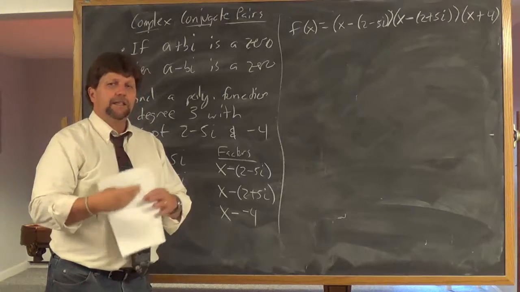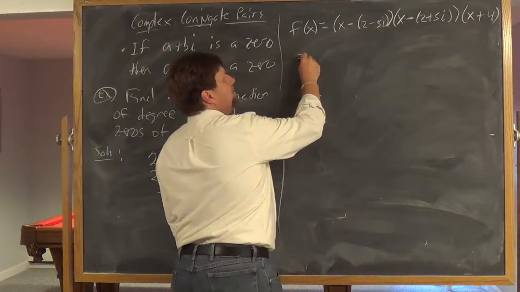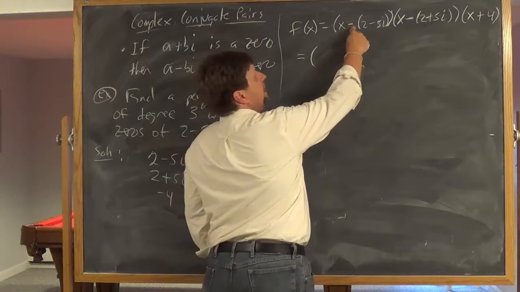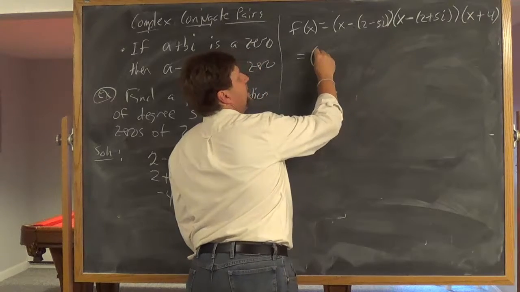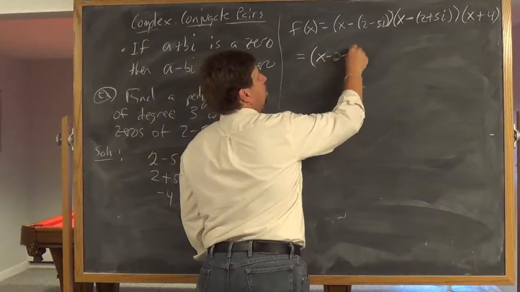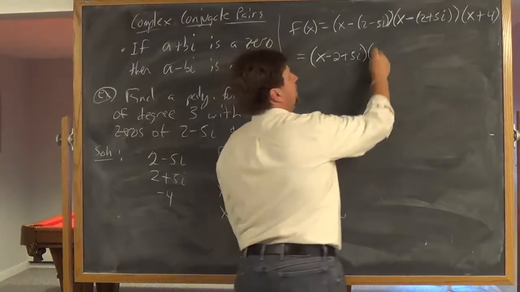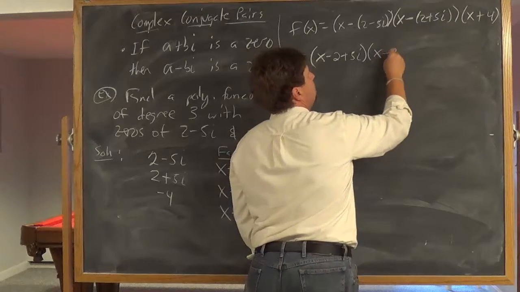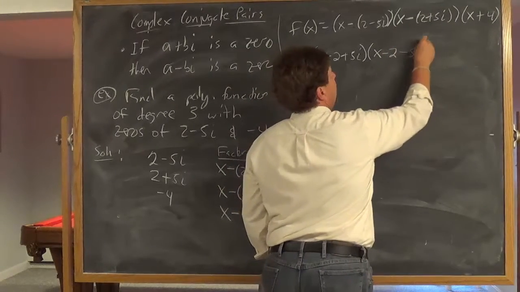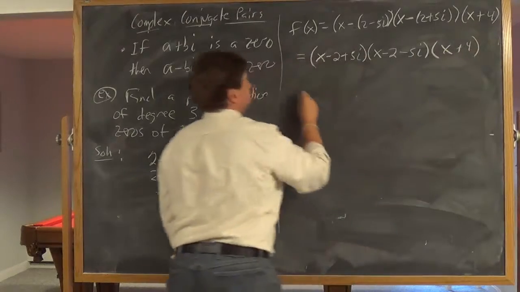It's kind of tedious, it's kind of laborious, but I would put in an extra step. X minus the 2 minus 5i, I would write as x minus 2 plus 5i. X minus 2 plus 5i, I would write as x minus 2 minus 5i. And x plus 4 I'll write as x plus 4.